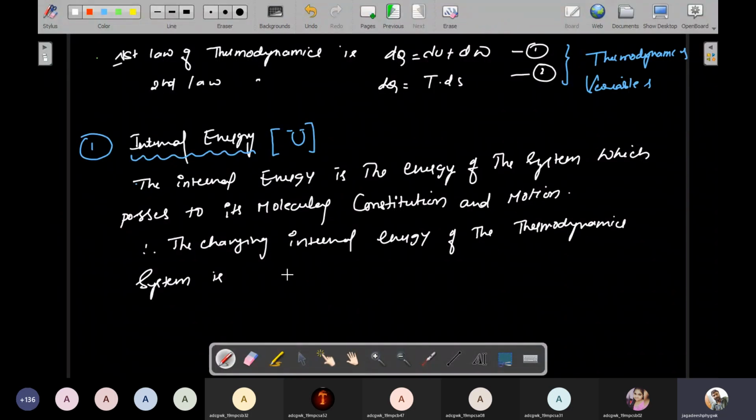Then the change is nothing but dQ is equal to dU plus dW.